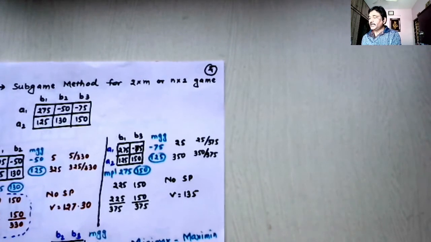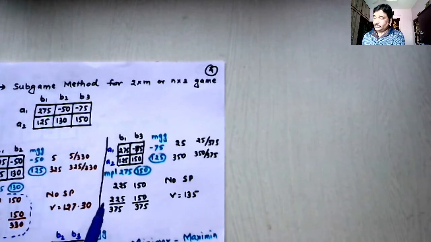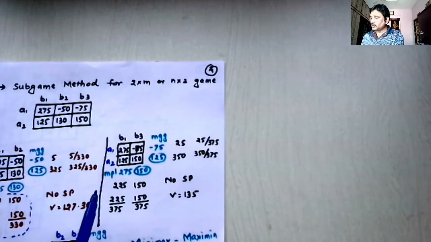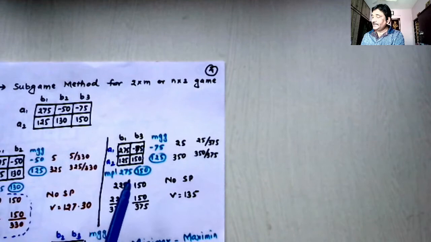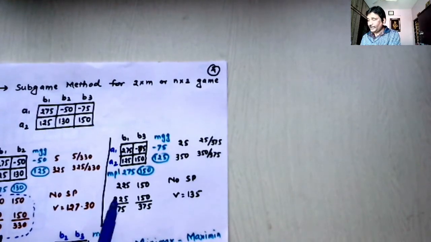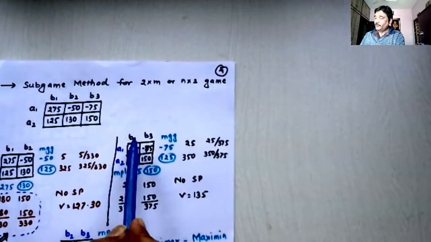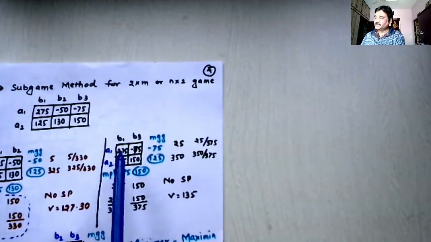All right. So for that, you have to find the minimum guaranteed gain in each of the rows. So the minimum guaranteed gain for the first row, for A1, is minus 75, and for A2 is 125. The maximum of minimums is 125, rounded there. Now find the maximum possible loss.